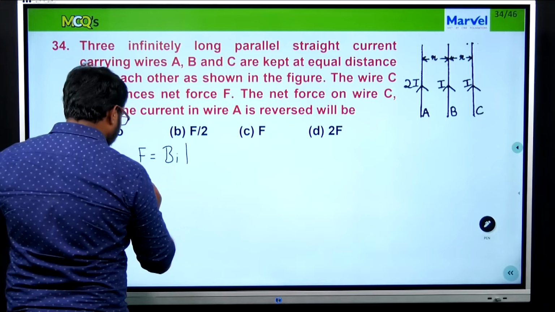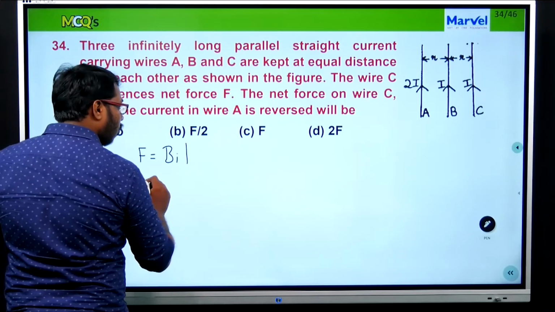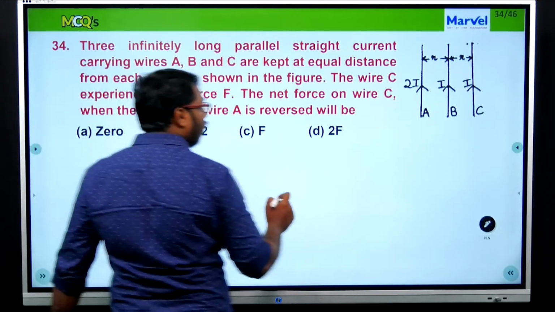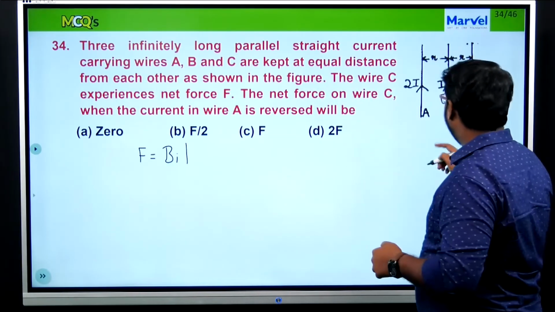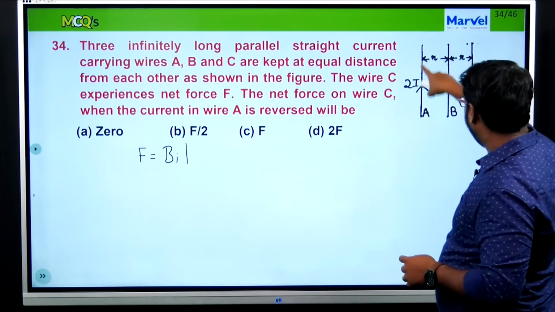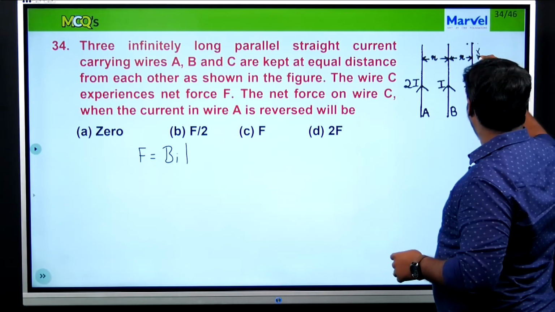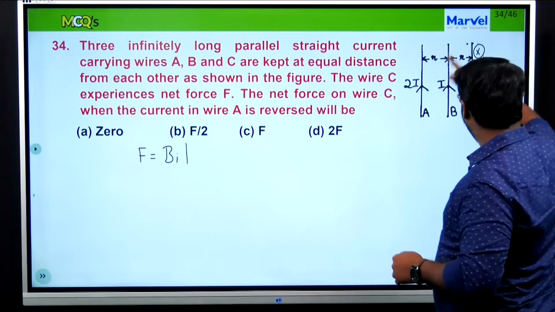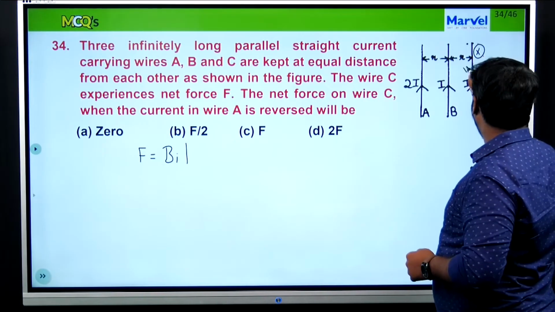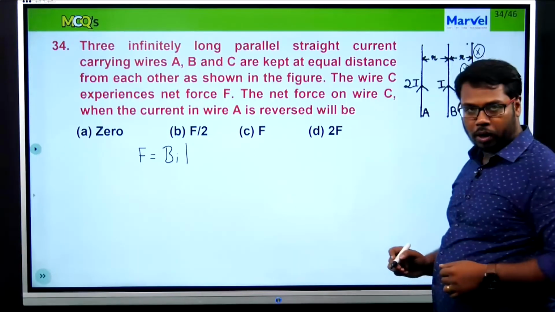So force on C. First let me write the directions. You see, this wire will induce a magnetic field that is pointing in on this wire, and even this wire will induce a magnetic field that is pointing in on this wire.